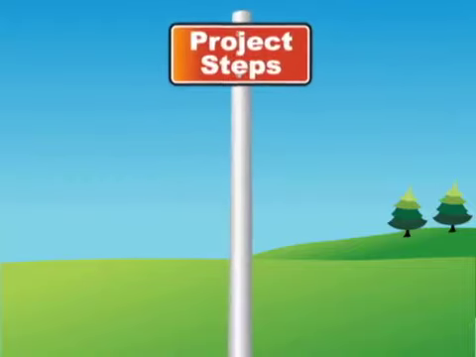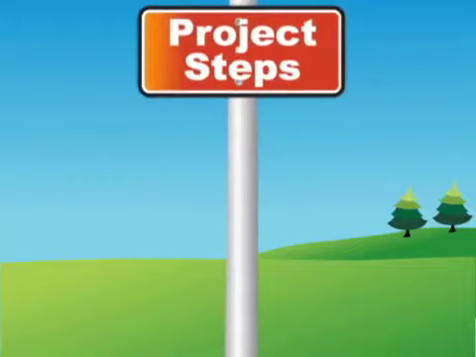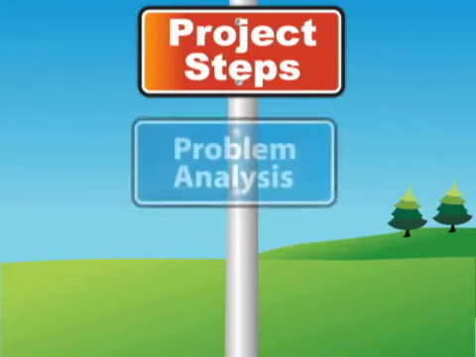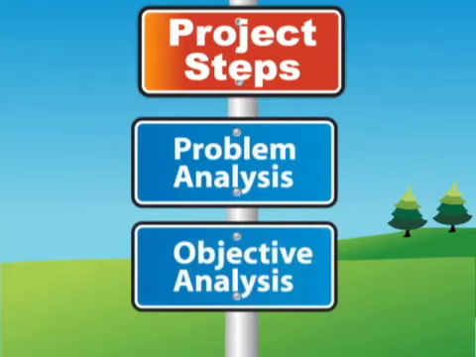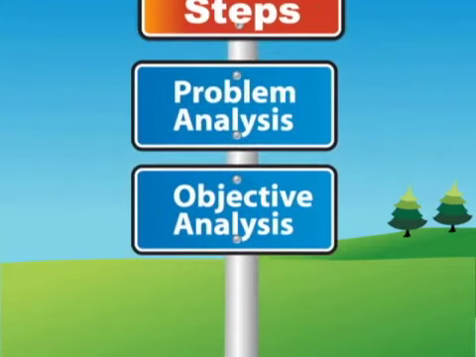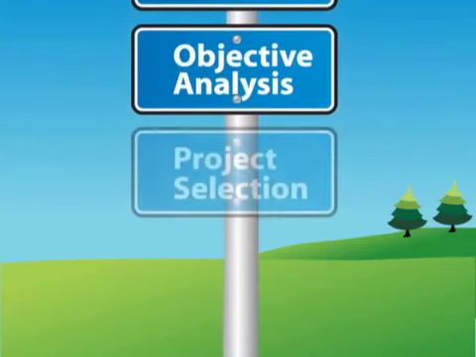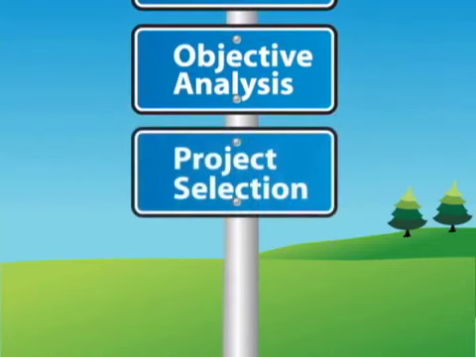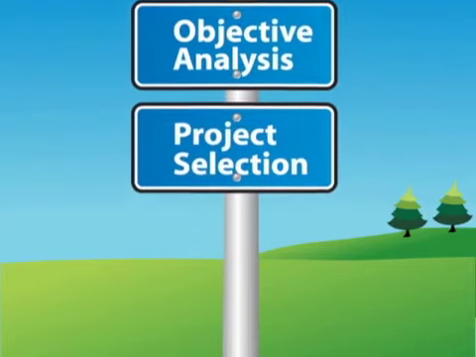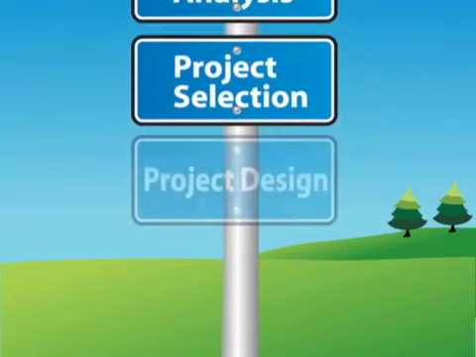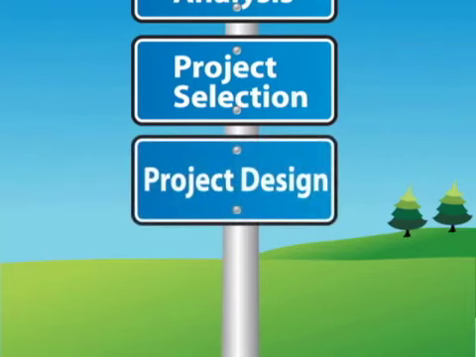You will start with working out a project idea, in other words, problem analysis and objective analysis. Then, based on this exercise, you will proceed to a project selection. And then, for the selected project alternative, you will develop a full-scale project.